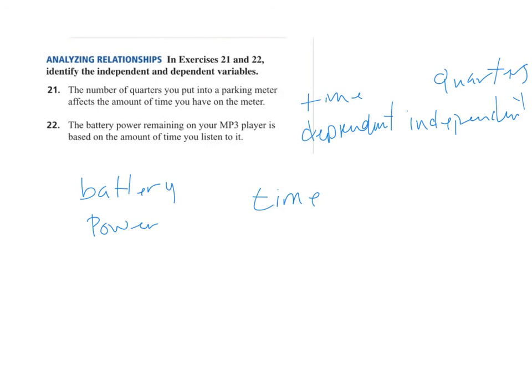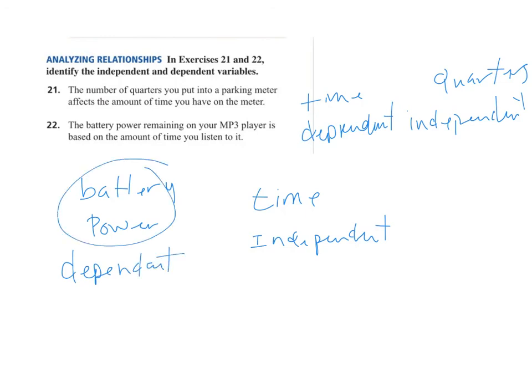Your time is going to affect your battery power. So your time is going to be your independent. And your battery power will be your dependent. Because your battery power is dependent on how much time you spend using it.